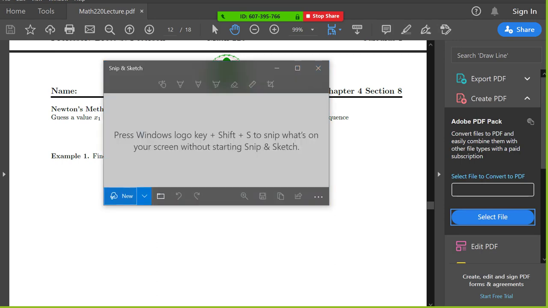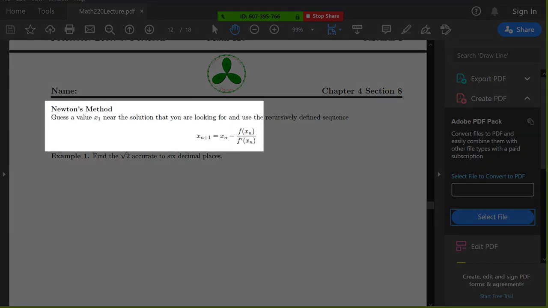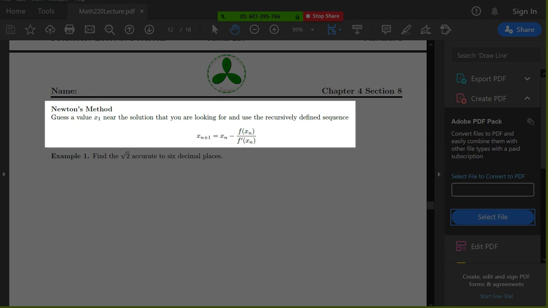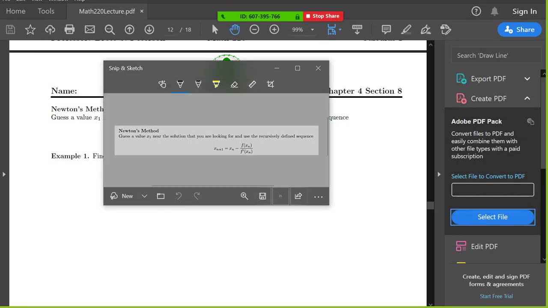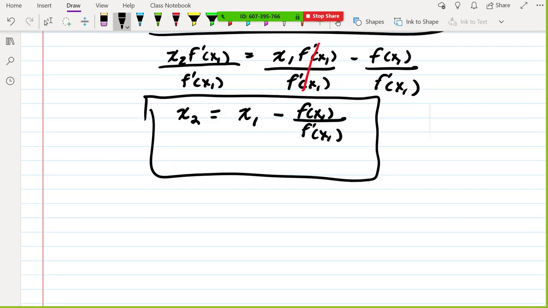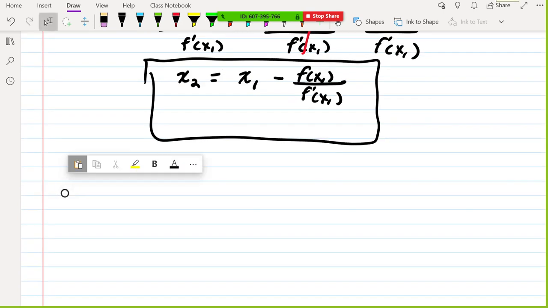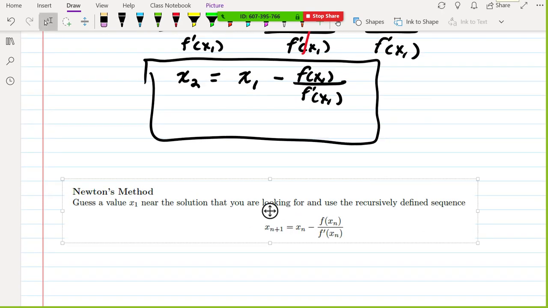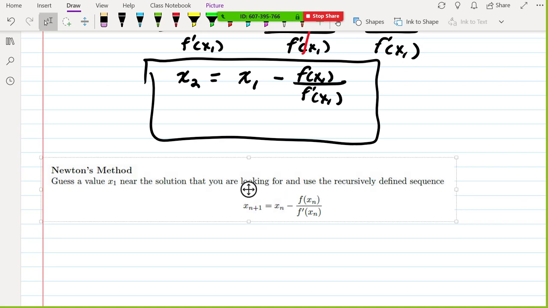So if we kept doing that, in general, we get the recursively defined sequence given by this. And so this is just the generalization that we were talking about of that formula.